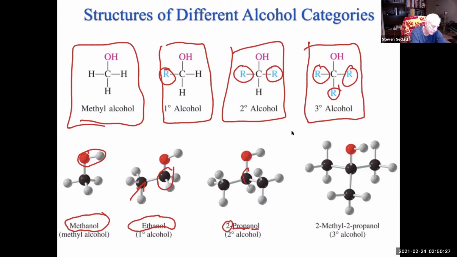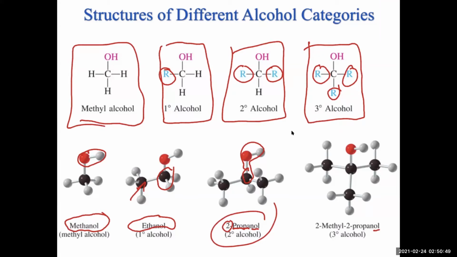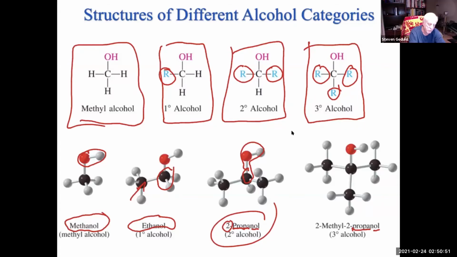Here's your carbinol carbon right here. How many carbons are attached to that carbon? There's 2. It's a secondary alcohol. And this is 2-methyl-2-propanol. Again, when we write these things out, we'll do a little bit of practice, but always work backwards. We have an OL ending, which means we have an OH group on there. Propane means there's 3 carbons, all single bonds. The OH group is at the number 2 position.